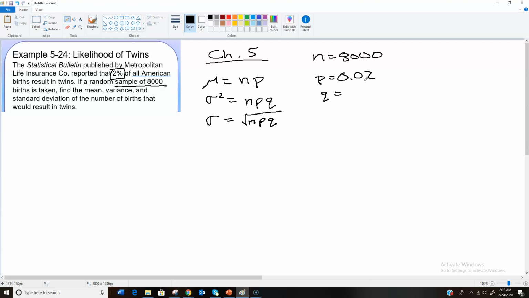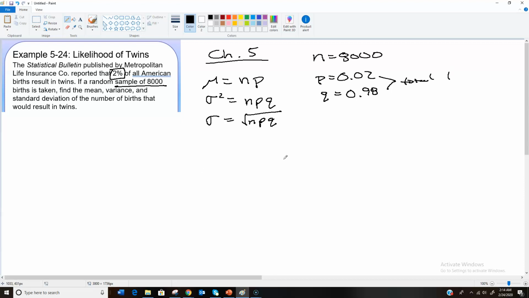Sometimes when that p is really small, people will mess up the q. So it's not 20%, it's only 2%. So q is 0.98. 98% and 2% would be 100%. So be cautious not to assume that this is 20% and then write q as 0.8 or even 0.08. You have to make sure that these two total to 1.